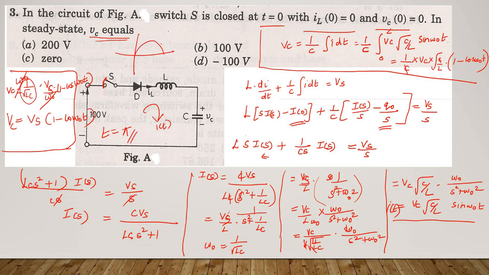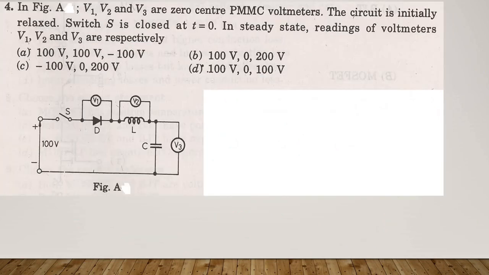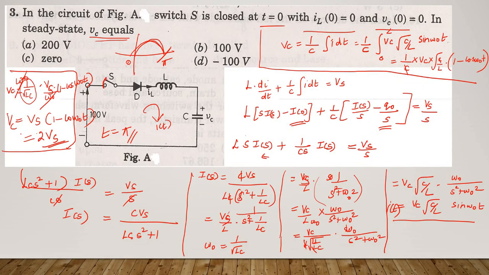Then only the cycle is completed. This is the current waveform, current cycle. So the last value is 5. You have to put the pi here, with 2 into Vs. 1 minus of minus 1, that is 2 Vs. So VC equal to 2 Vs. Vs is given as 100. So the answer is A. Option A is the correct answer.